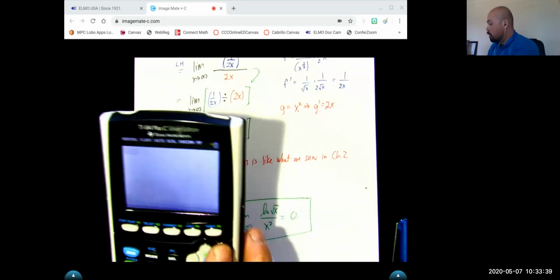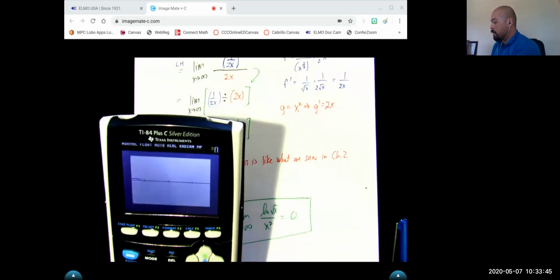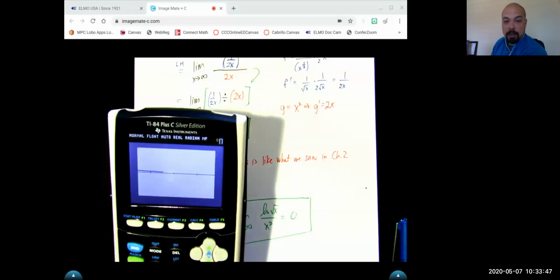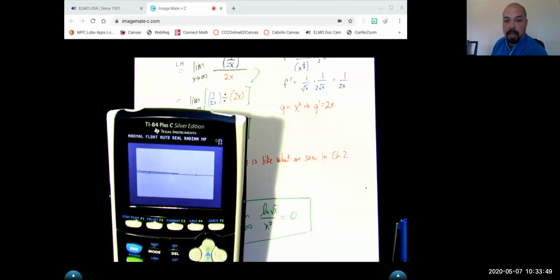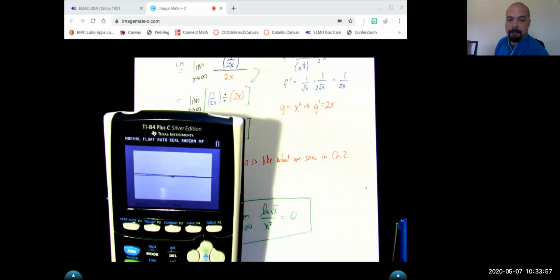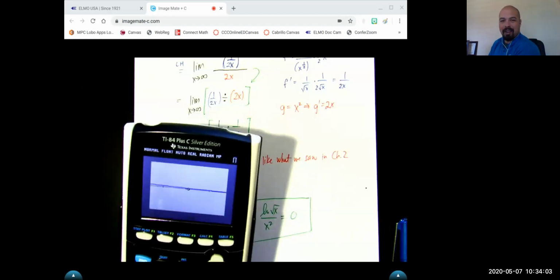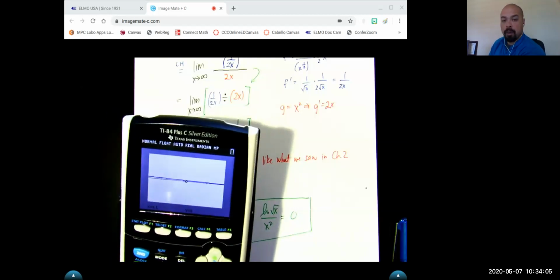But if we zoom in down here, we can see as x goes on and on, the y value is dropping slower and slower, getting closer and closer to the x-axis, y equals 0. Depending on time, I might bring up the Desmos graphing tool on the computer, the website, and we can graph it there to inspect.